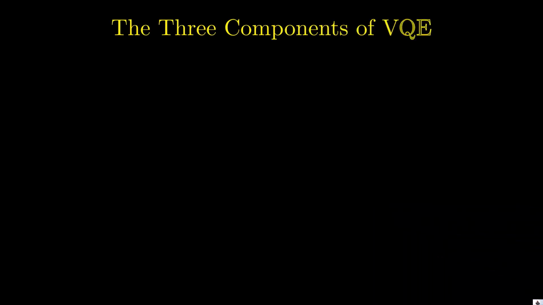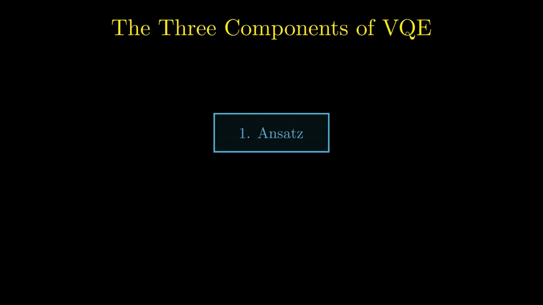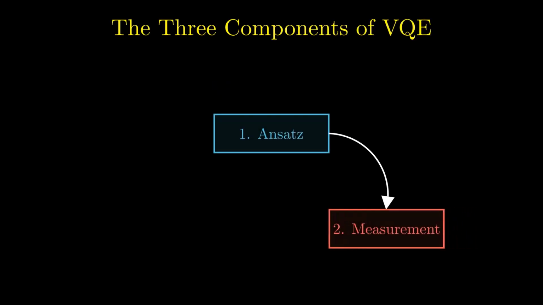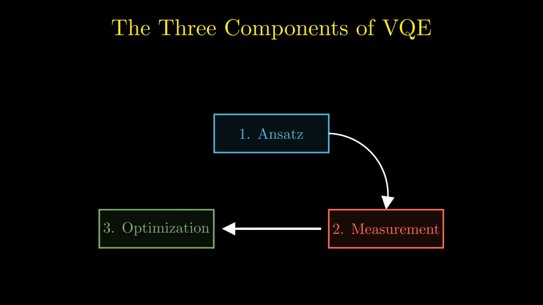Here are the three components of VQE. First, we have the ansatz. The ansatz refers to the trial quantum state, ket psi theta, parameterized by an array of variables theta. Think of the ansatz as your educated guess for the solution, implemented as a parameterized quantum circuit.